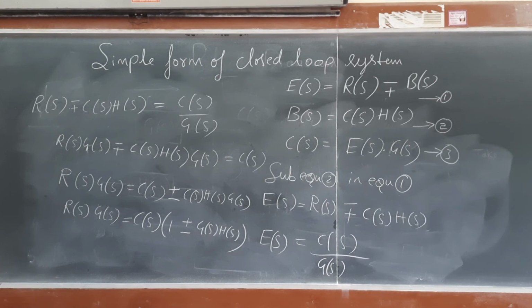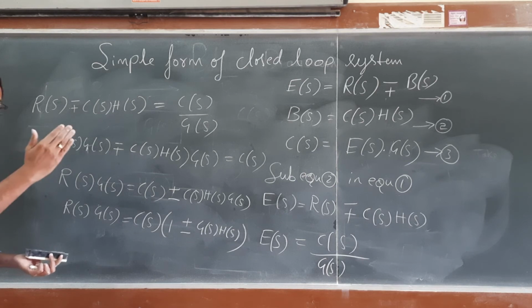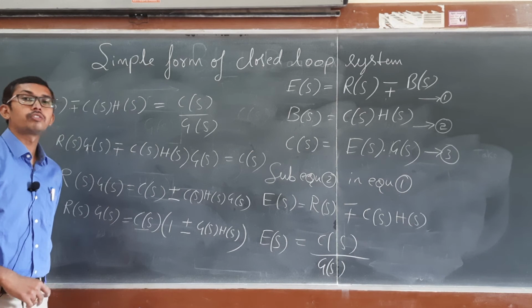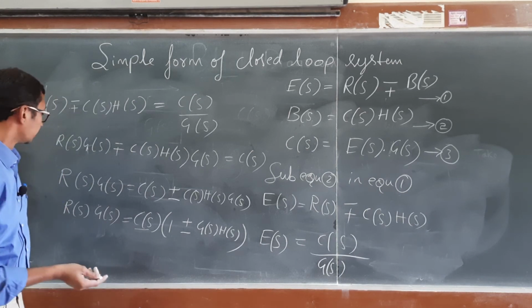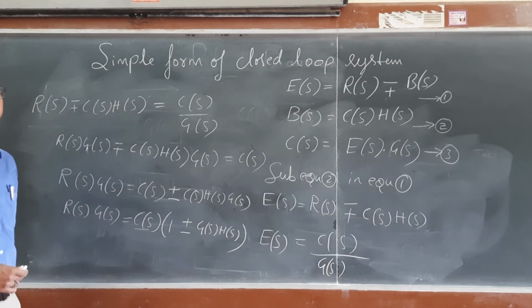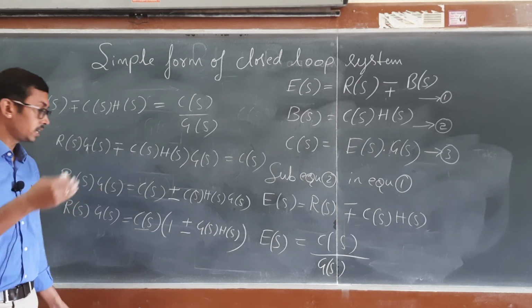Now, what is the transfer function? We know the transfer function is output by input. What does the output represent? C of S represents the output. What does the input represent? R of S. The transfer function means output by input.